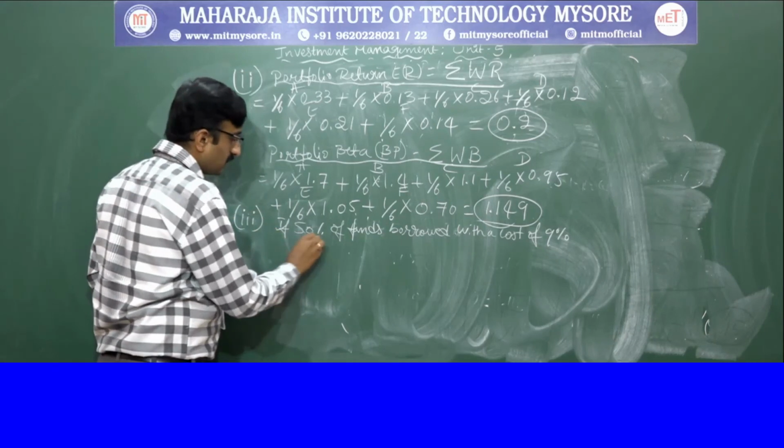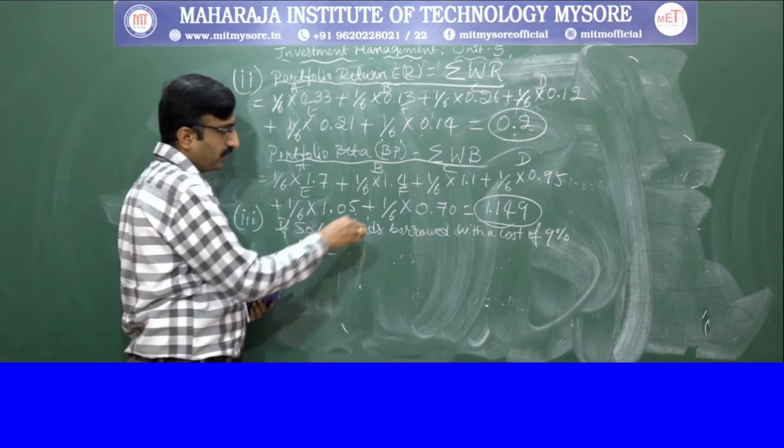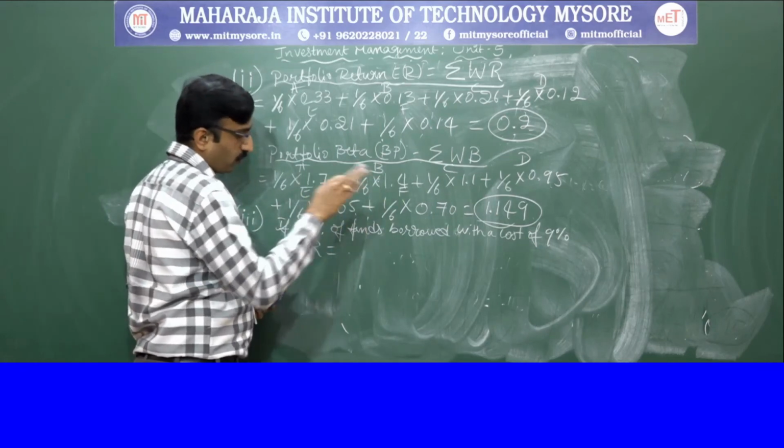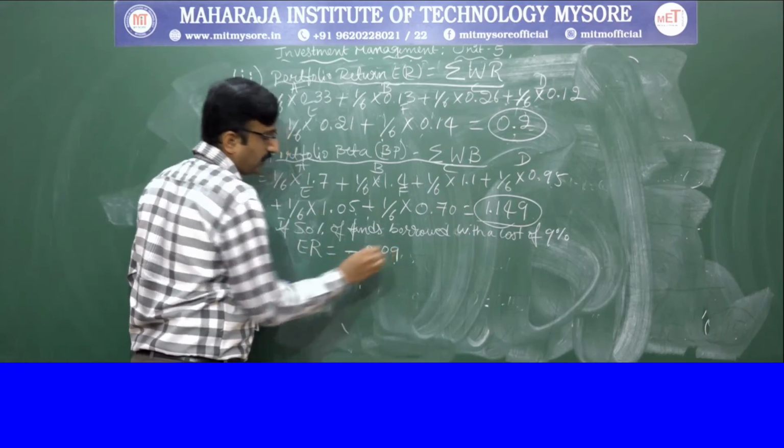So the required return, how much is it? It's an outflow, so we have to take minus, that is minus 0.09.